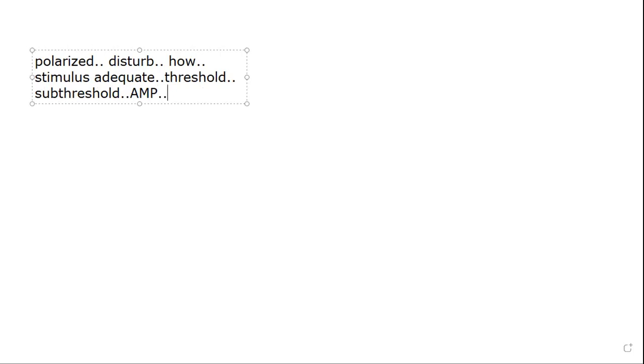We are going to study the active membrane potential and what its basic characteristic is. The basic characteristic of the active membrane potential is that it is more positive inside as compared to outside. More positive inside, right?